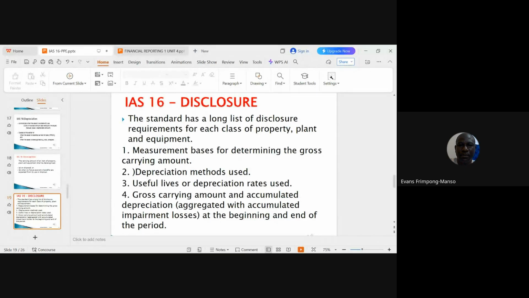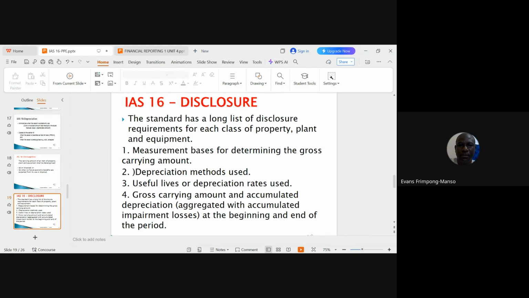So we call that the measurement basis for determining the gross carrying amount of the asset. You should also disclose the depreciation methods that you have used in calculating the annual depreciation of the assets. You should also disclose the useful life of the assets or the depreciation rates used on those assets.